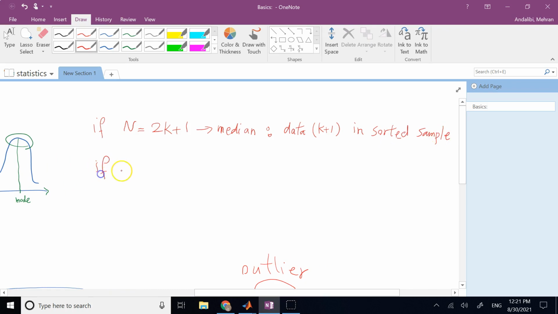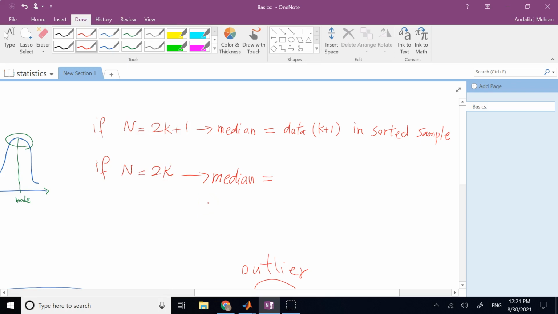If, on the other hand, your data has an even number of entries, then the median is going to be equal to what? To the average of the two middle points. And the middle points are k, correct? And what? k plus 1, correct?